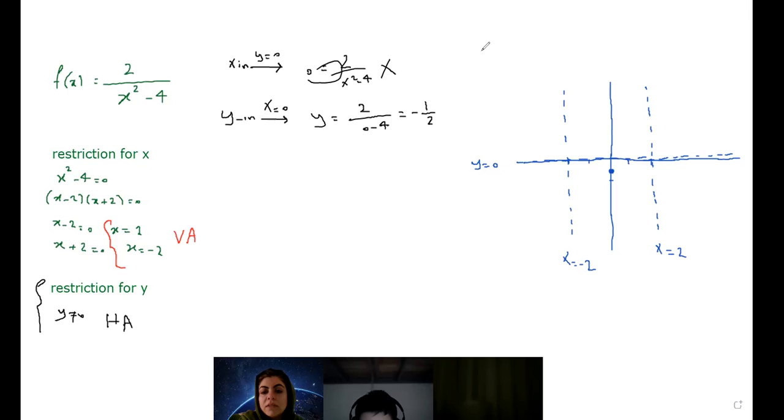To make sure what the graph looks like, I can put some points above and below.